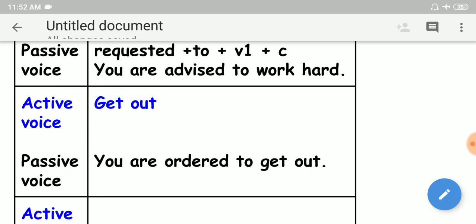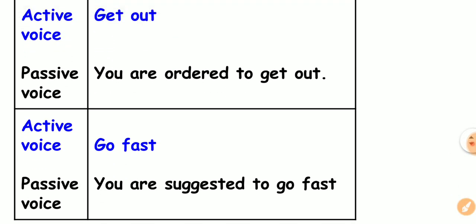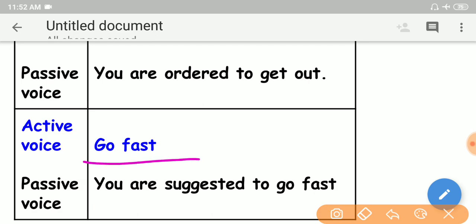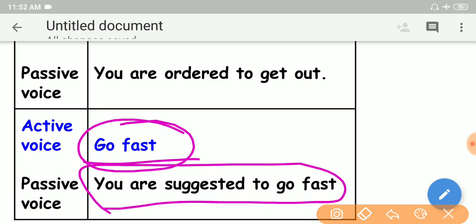This is the passive sentence. Like this, active sentence: go fast, you are suggested to go fast. These are some examples in which they don't have any type of object. In such cases we can use like this: you are suggested, you are requested.